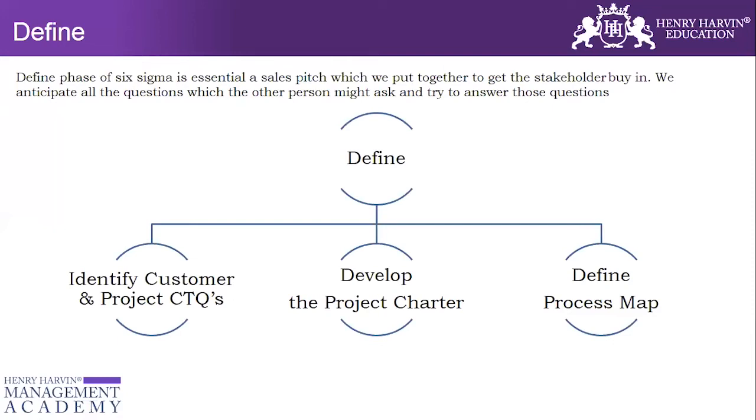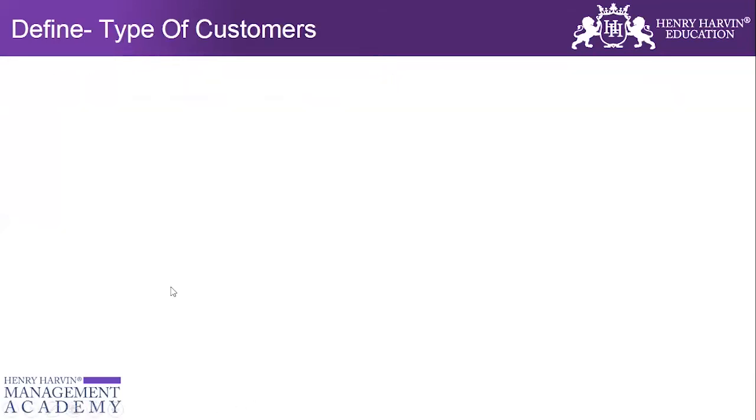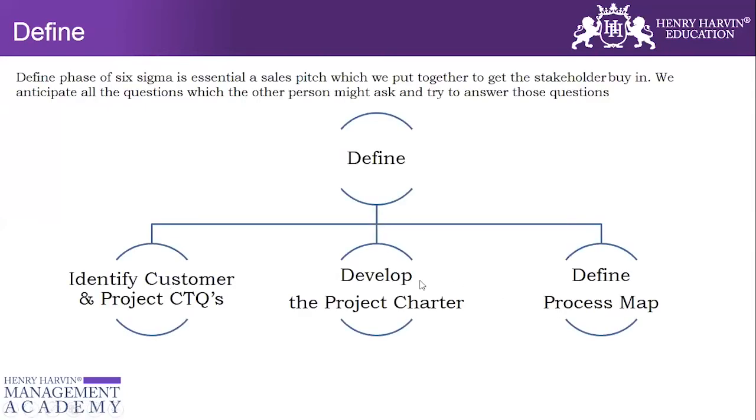In the define phase of Six Sigma, the focus is on identifying the customers and the project CTQs, which is called critical to quality. We develop the project charter, so we'll understand what a project charter is, and we will also be developing a process map. Okay, so let's get into the detail.